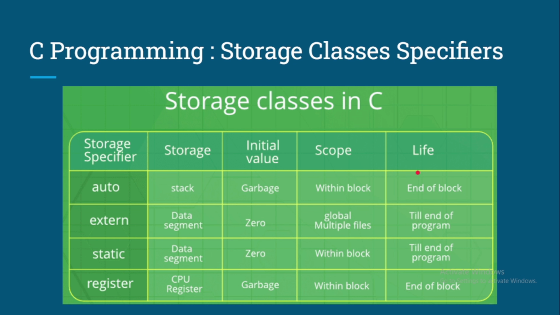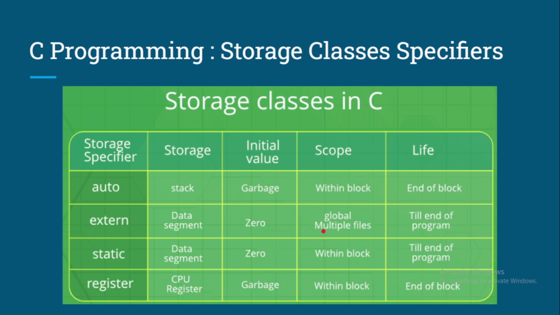Life means when they die: when that block or method has been completed, the life of the variable ends. Extern is saved in a data segment, a different data segment, and the initial value is 0.